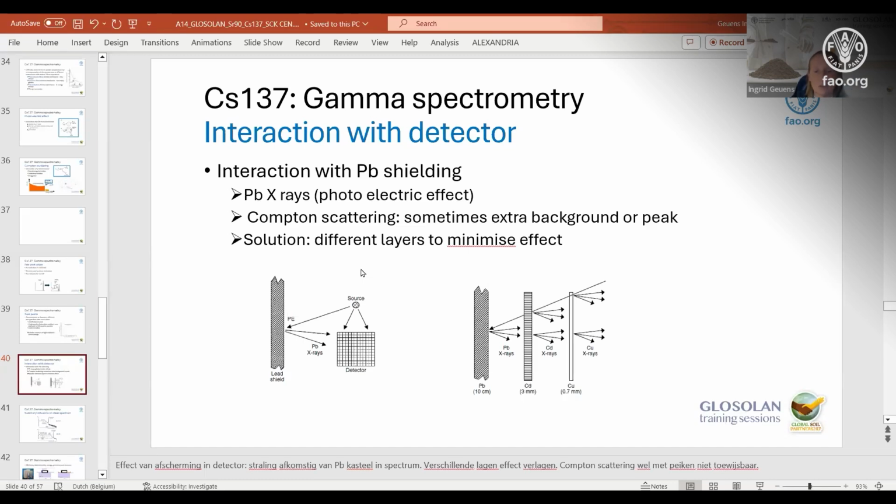You have to have those shieldings. But new detectors are based on several layers, which minimize this scattering effect. Just be aware that if you're looking at a gamma spectrum, sometimes you see some peaks which you cannot explain, and it could be coming from your shielding itself.